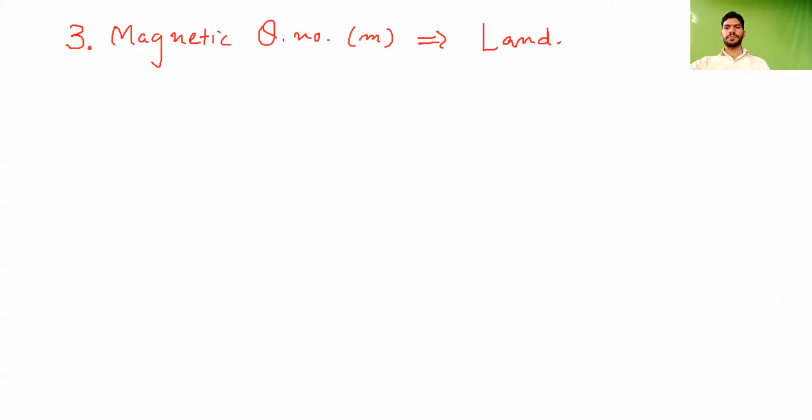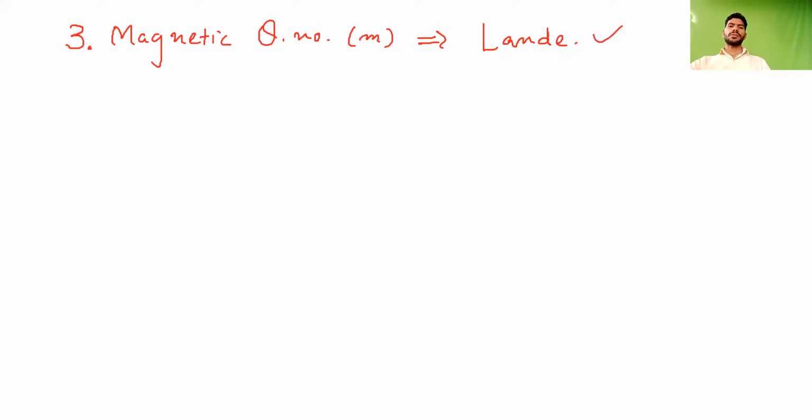So next we have to study the next quantum number. So what is the next quantum number? That is the magnetic quantum number, right? I hope you remember this magnetic quantum number. It is represented by small m. And this magnetic quantum number was given by the scientist known as Lande.